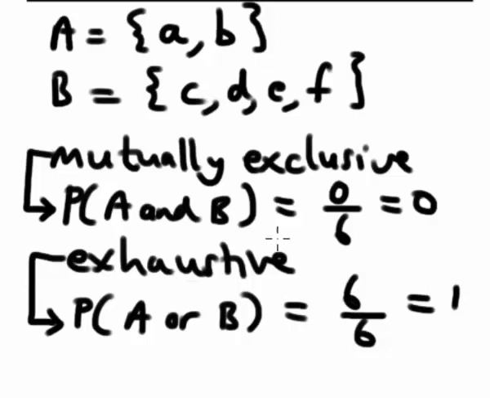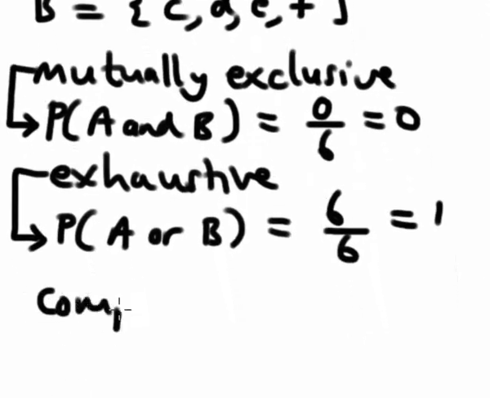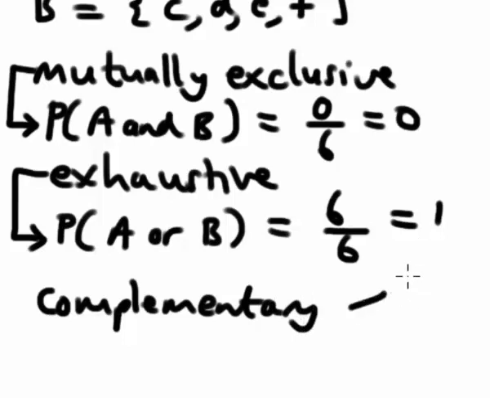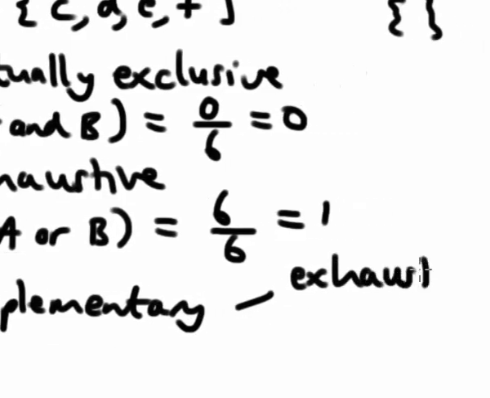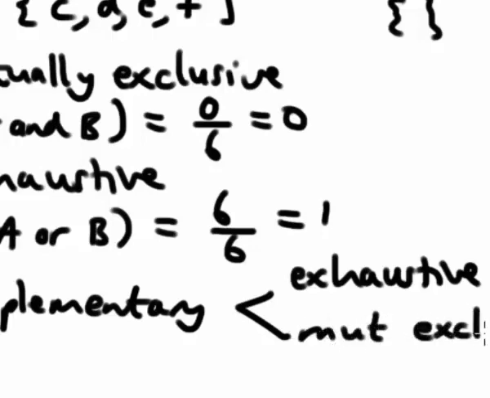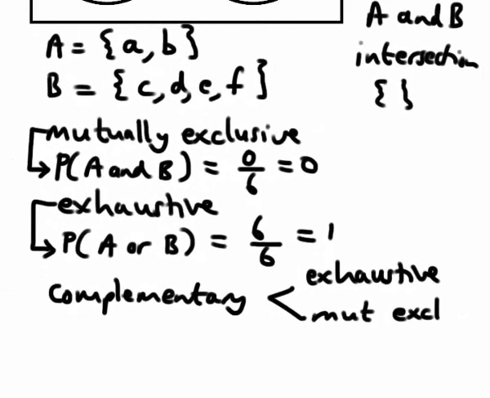Now, when events are exhaustive, they contain all elements of the sample space in the circles, and when they are also mutually exclusive, there must be no intersection. When that happens, they're complementary.